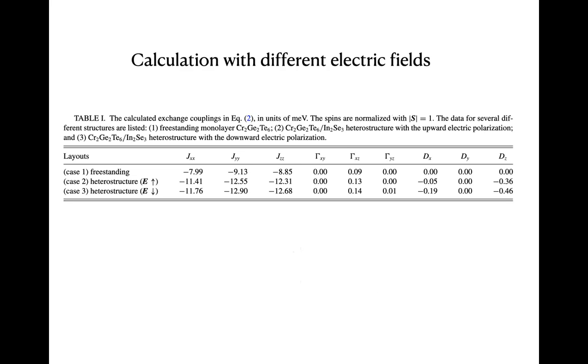We apply the electric field along the z direction, normal to the heterostructure, or opposite to the z direction, so there will be different values of exchange coupling. This is when the electric field is up, this is down, and this is when it is 0. They have completely different exchange coupling constants, and the DM interaction is also quite different.